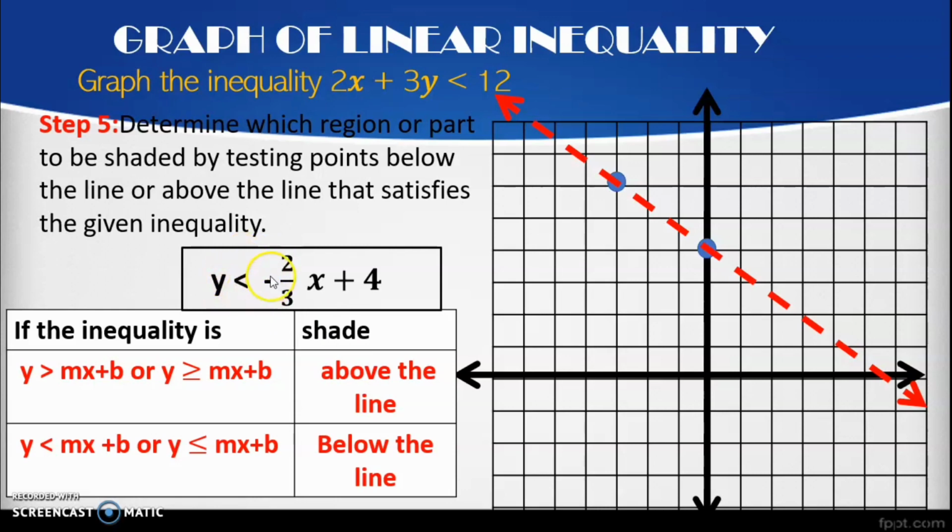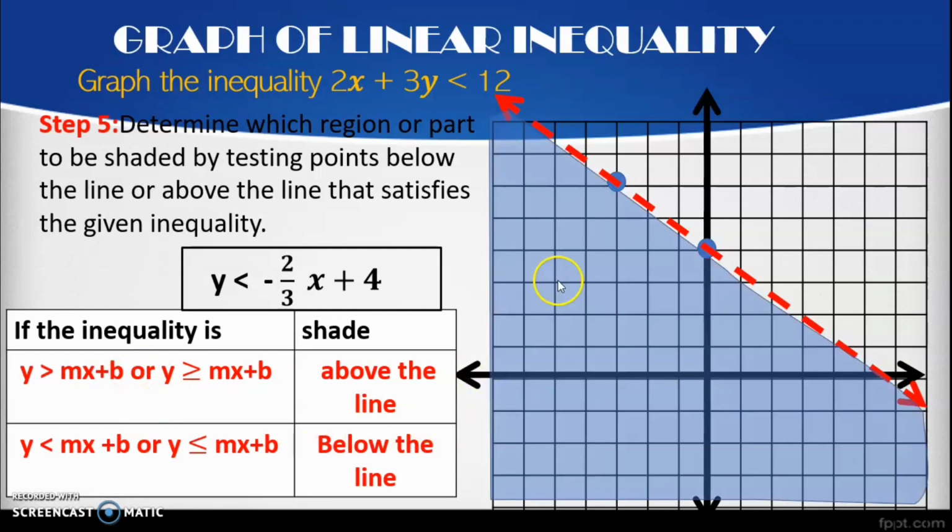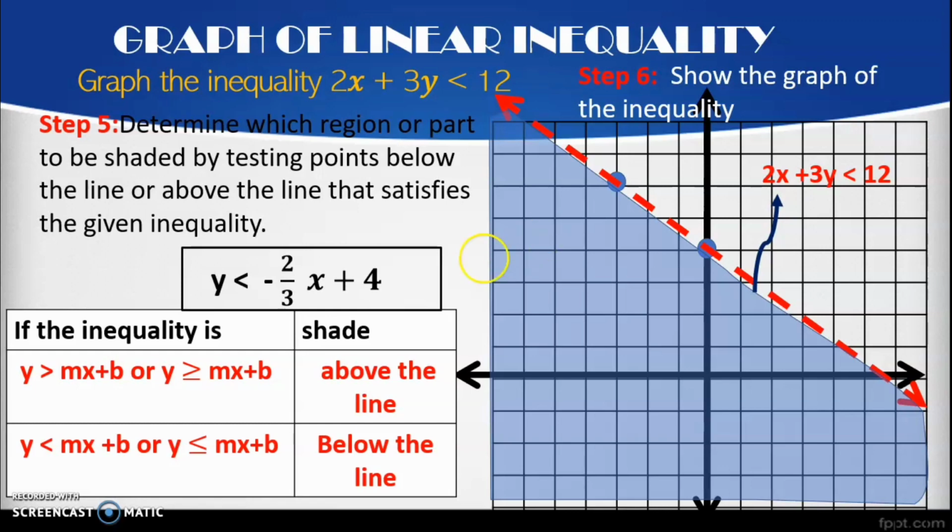Pansinin ninyo na ang inequality symbol natin ay less than, so meaning we will shade below the line. So mas madali siya kaysa mag-test tayo ng point. Okay, so this is now our graph. Step 6, show the graph of the inequality. So, ito na ngayon ang graph ng ating 2x plus 3y less than 12.